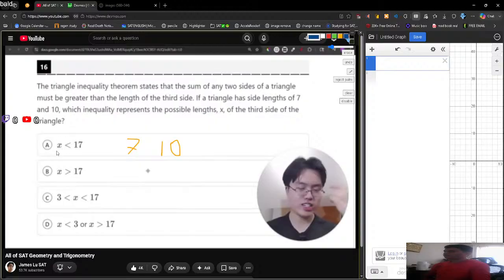Yeah, x has to be small. This is right. x must be greater than the third side. So x has to be smaller than 17, which is both of them.